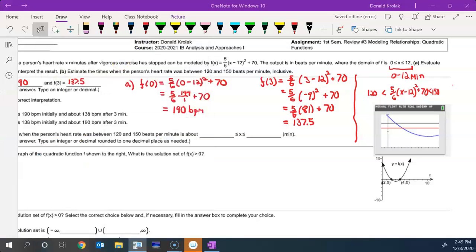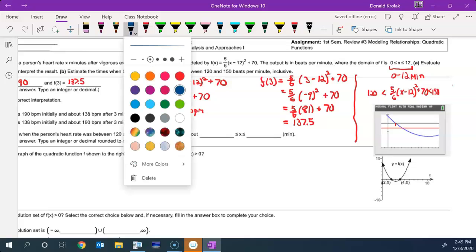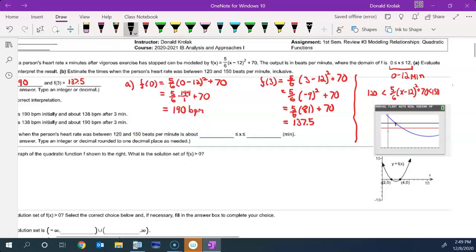So what we want to do now is figure out what the X coordinates are that belong with these different lines. I want to find the X coordinate for that point right there, how many minutes that is. And it looks like it's going to be about 3 minutes.